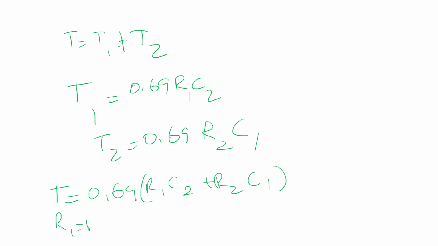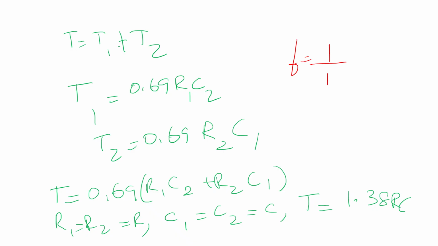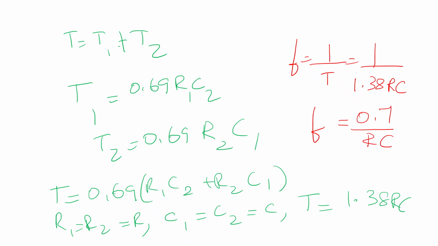If R1 equal to R2 equal to R and C1 equal to C2 equal to C, then the total time period T is equal to 1.38 times RC, and from this F is equal to 1 by T is equal to 1 by 1.38 RC, where F is approximately 0.7 by RC.